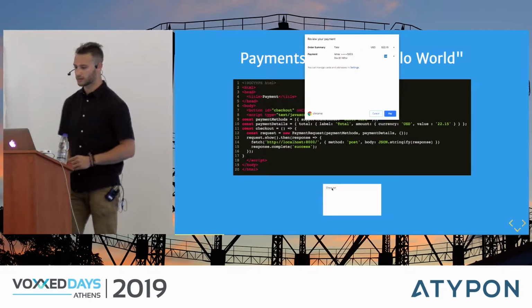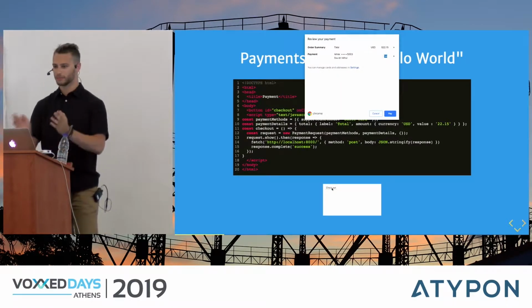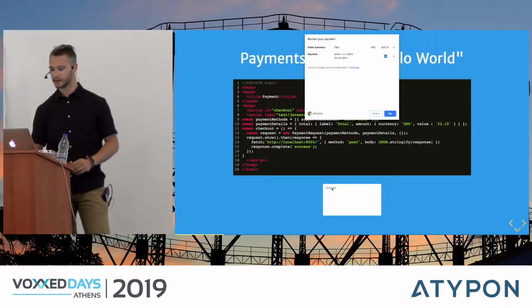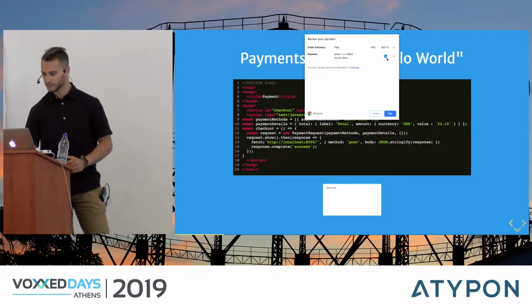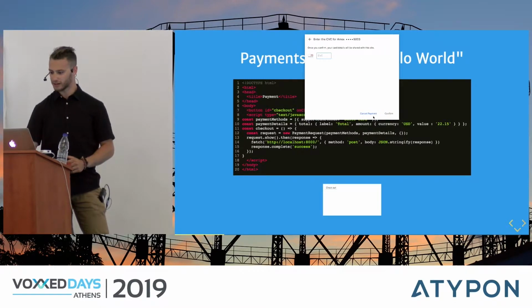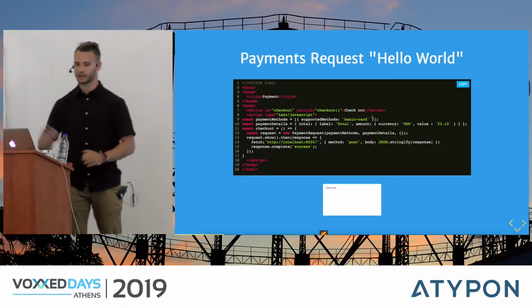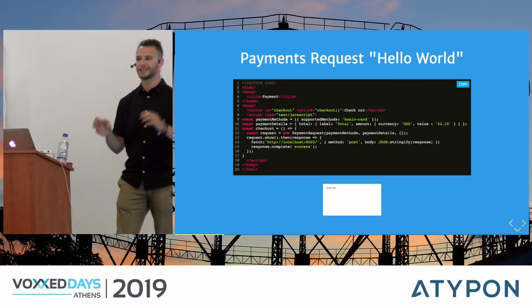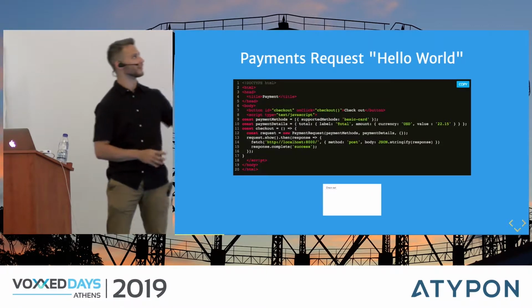When I click it, since I'm running this presentation in Chrome, it pops up this Payment Request API. This is what it looks like. I'm requesting $22, and it's showing my American Express card, and I can hit pay, and it would ask me for my security code. And if I put that in, then that would be all we need to collect credit card information and send it back to a server. So I love that it's that simple.